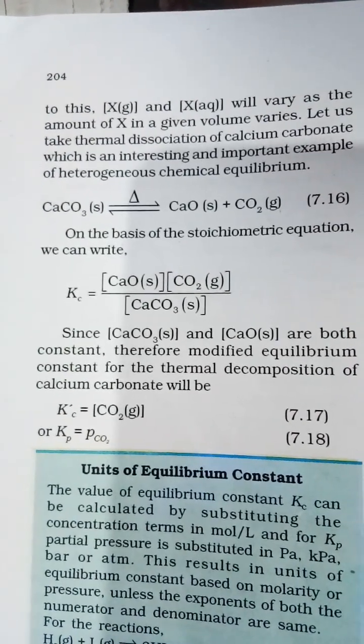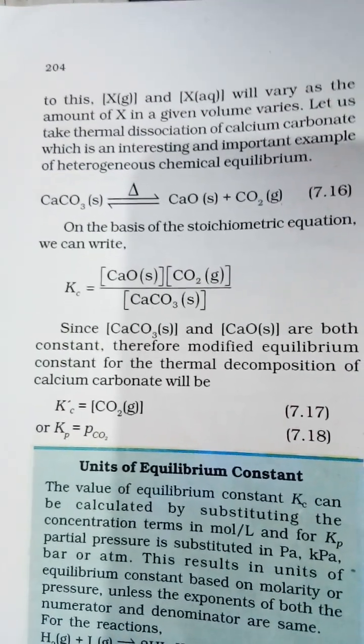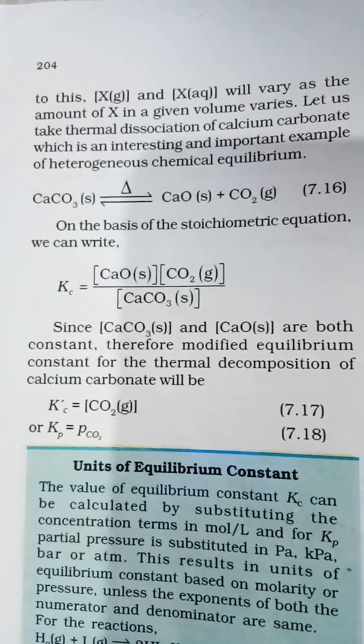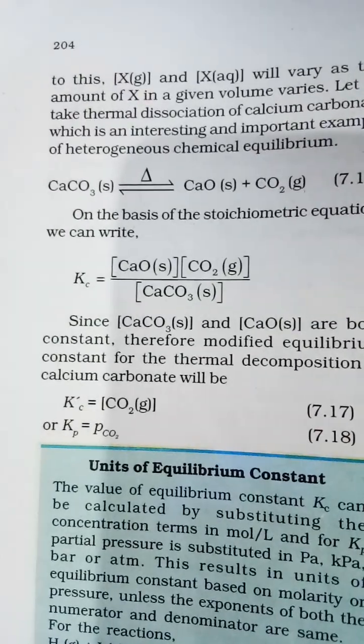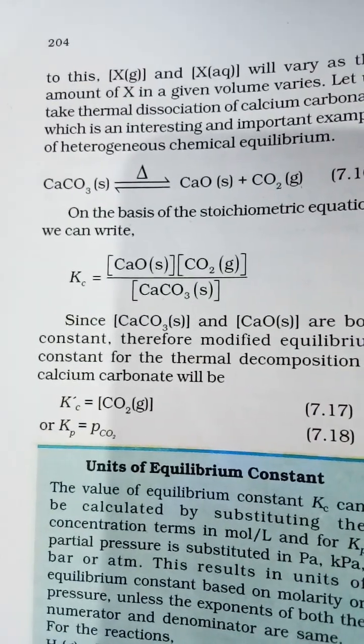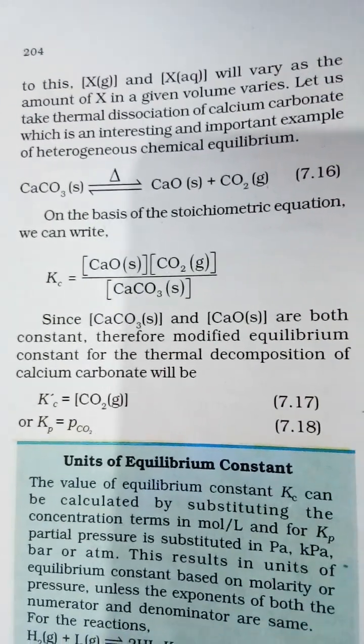Let us take the thermal dissociation of calcium carbonate, which is an interesting and important example of heterogeneous chemical equilibrium. CaCO3 solid gives CaO solid plus CO2 gas.